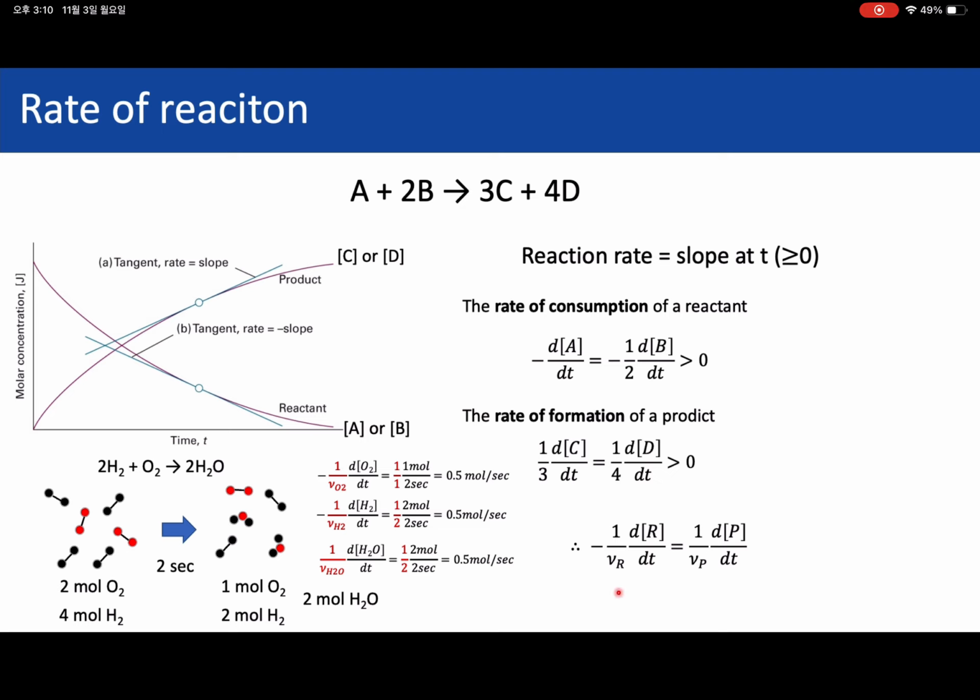One thing you have to remember is that the rate of reaction is highly related to the change in molar concentration of product or reactant over time, but you have to consider the relative amount of reactant or product with respect to the other reactant or other product.